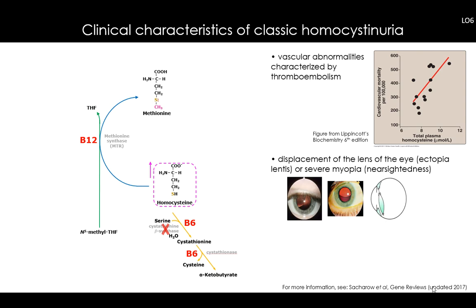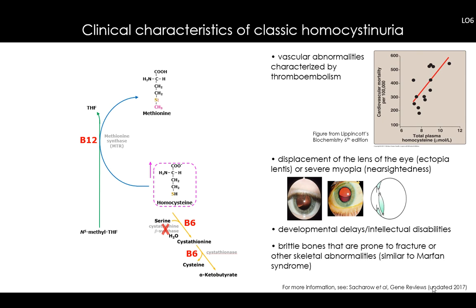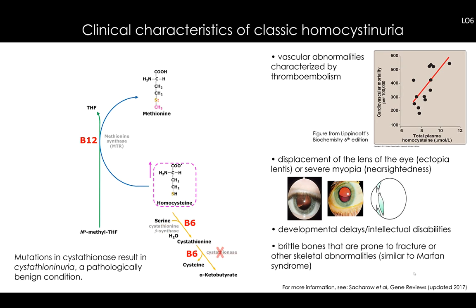Cystathionine beta synthase deficiency may also cause a displacement of the lens of the eye, called ectopic lentis, or cause severe myopia, as well as developmental delays or intellectual disabilities, as well as brittle bones that are prone to fracture or other skeletal abnormalities which are similar to those found in Marfan syndrome. Mutations in cystathionase result in cystathionuria, a pathologically benign condition that can be treated with supplemental vitamin B6.